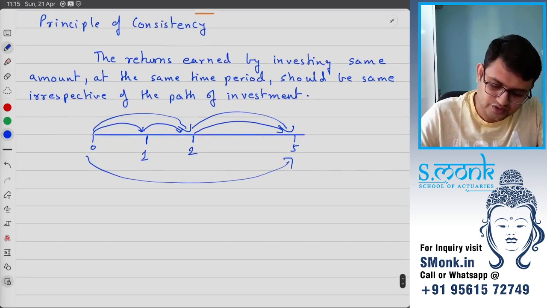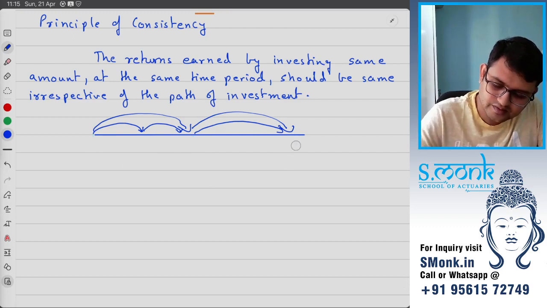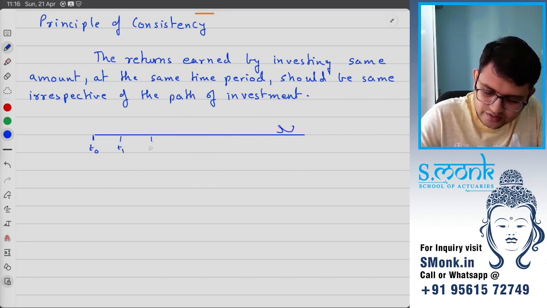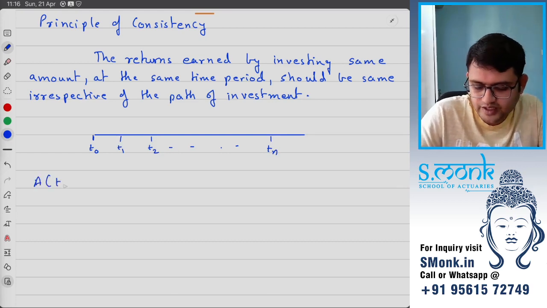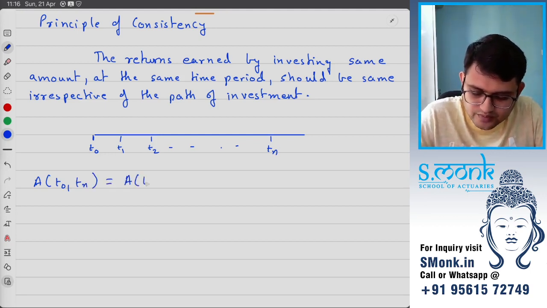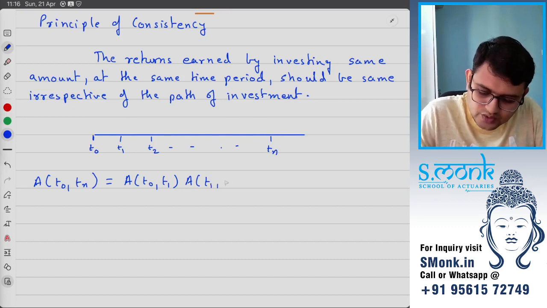So here, let's say I have time 0, time 1, time 2 and so on till time n. I'll say the accumulation factor from time 0 to time n will be the same as going from 0 to 1 and then going from 1 to n.